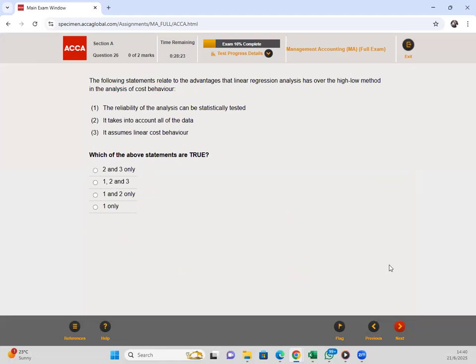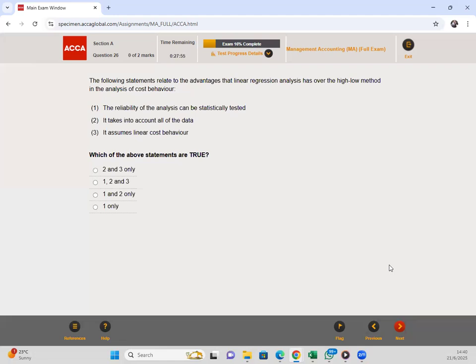The following statements relate to advantages that linear regression analysis has over the high-low method. So when you are predicting the overhead, we can use the linear regression analysis, or we can use the high-low method.